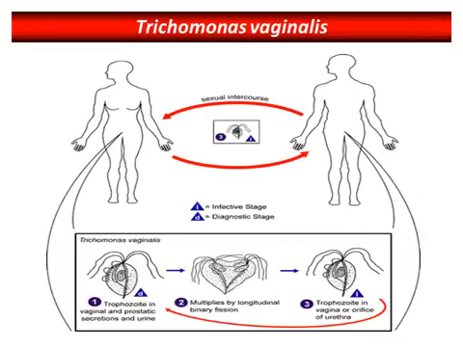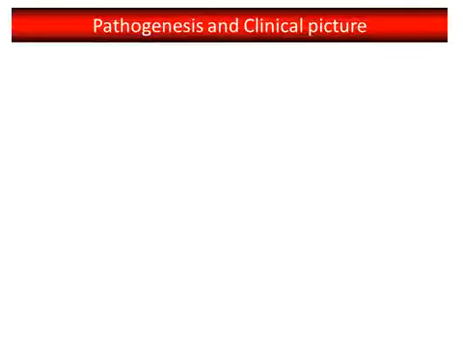Sexual intercourse gives the infective stage, which multiplies by binary fission as trophozoites in the vagina and urethra. Pathogenesis and clinical picture.